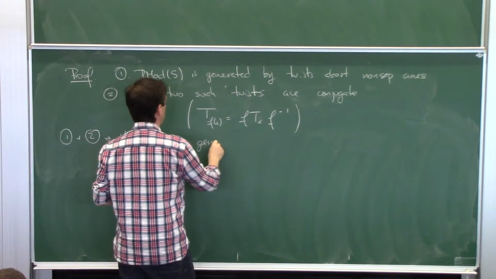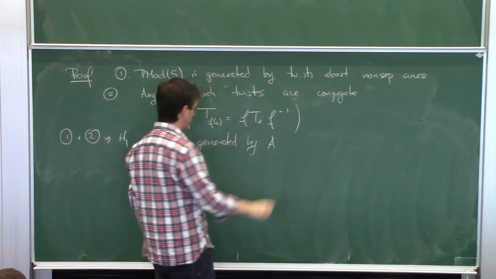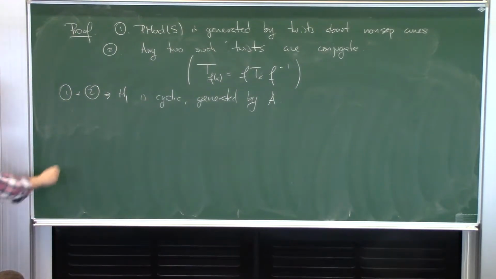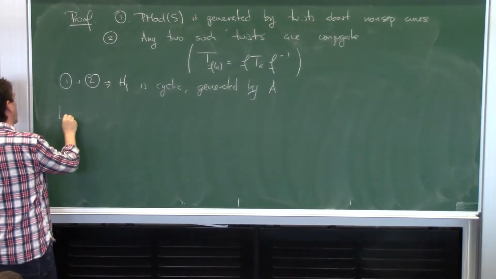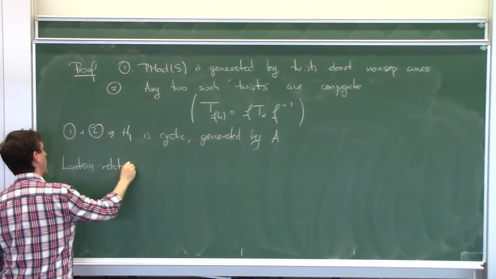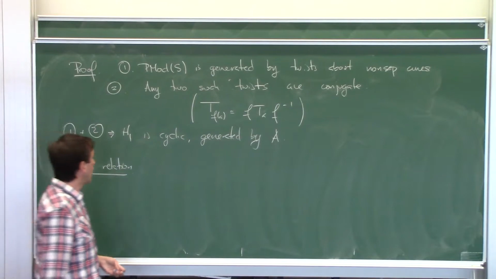generated by, say, some A, let's say. And the point is what Kasra drew, the lantern relation. This is on a sphere with 4 boundary components, where you define the mapping class group to fix the boundary pointwise.